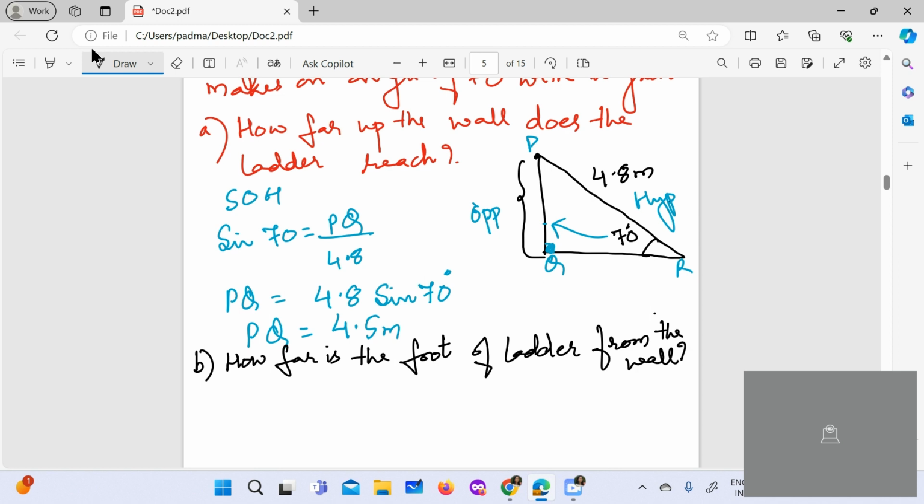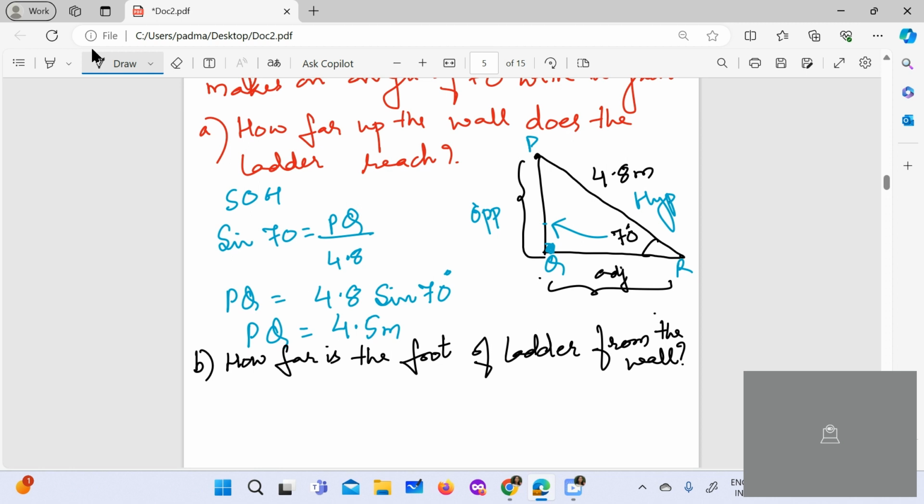This is calling for QR, the length QR. This is the angle and this is the adjacent side which we have to find.